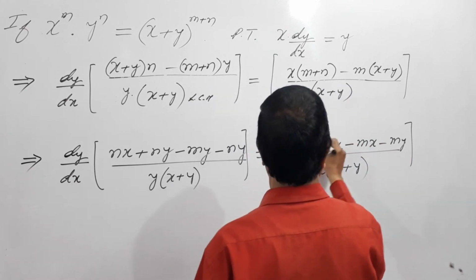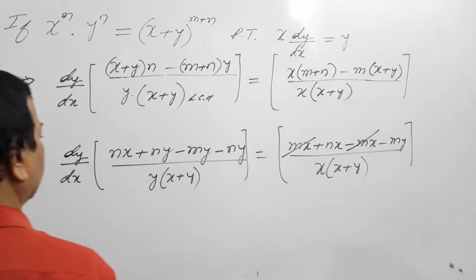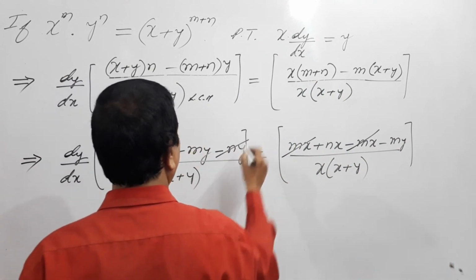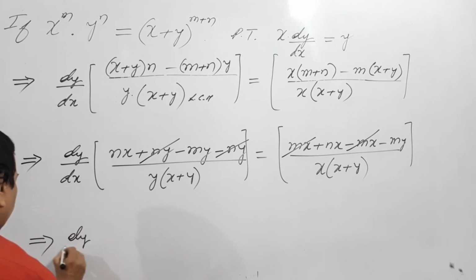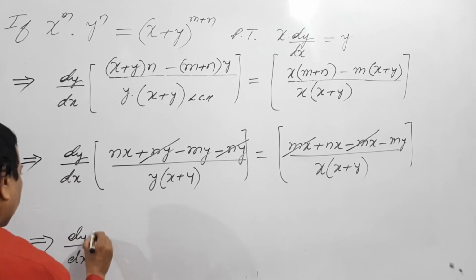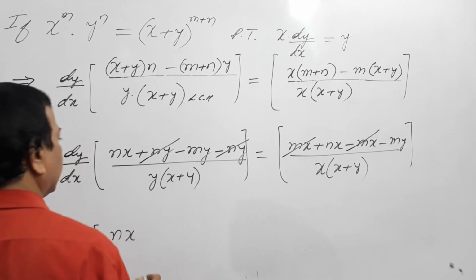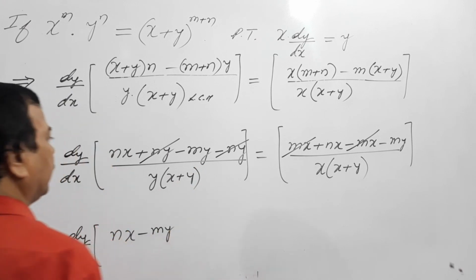So plus mx minus nx cancels, plus ny minus ny cancels, that is dy by dx will be nx minus my.